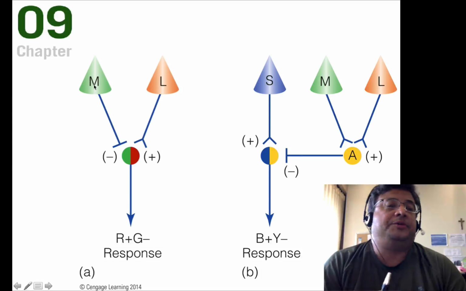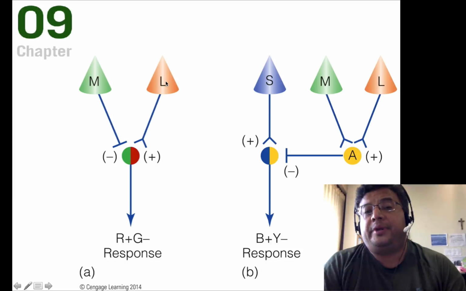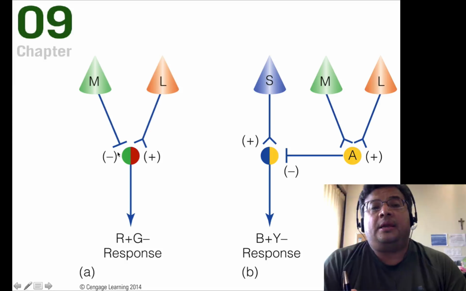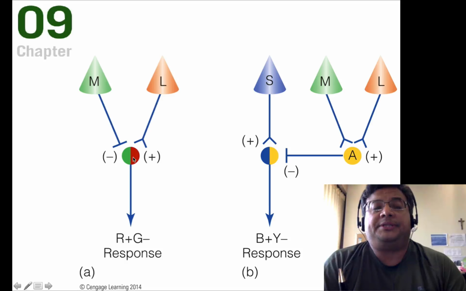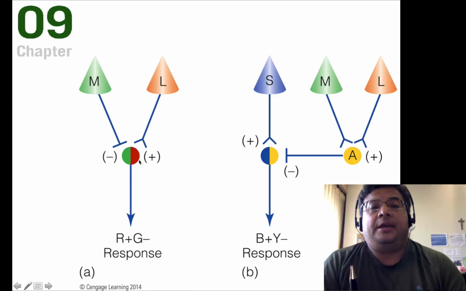So a cone that responds to green and a cone that responds to red. And it turns out that those cones probably feed an opponent process cell that looks for green input, and whenever it gets green input, it shuts down. And it also looks for red input, and whenever it gets red input, it increases its firing.